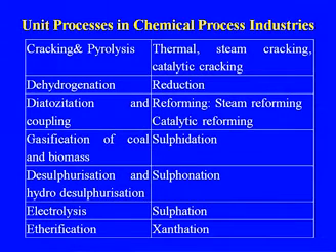Catalytic reforming we are using in the refinery and the petrochemical complexes for improving the octane number of the naphtha and at the same time for the production of paraxylene. Sulfidation, sulfonation, because sulfonation we are using in many of the processes, sulfation, xanthation, that is the process we are using in the case of viscose rayon.